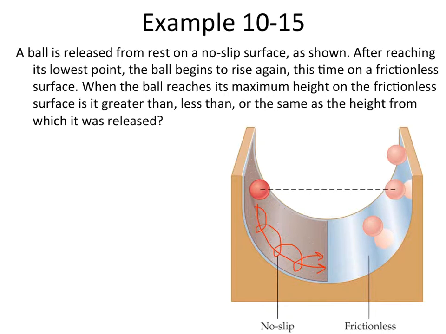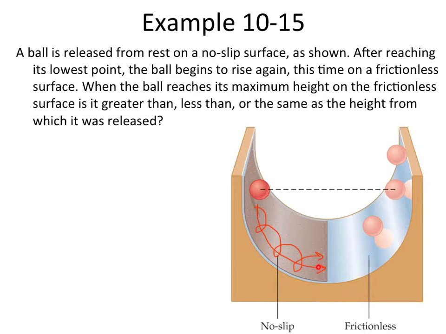Ideally, the friction is not causing any energy to be lost. Rather, the friction is simply causing the ball to turn as it moves down. So it's got linear velocity as well as rotational velocity.